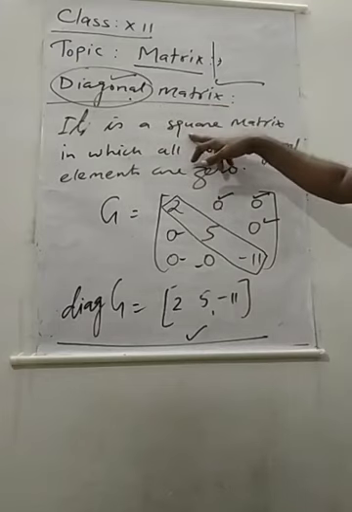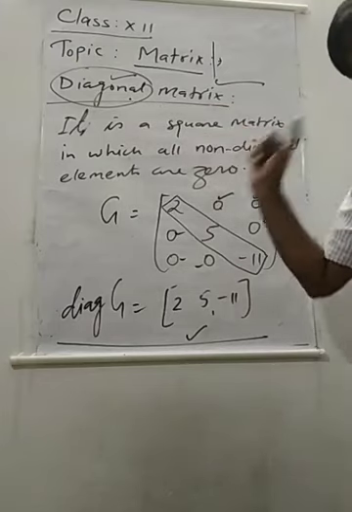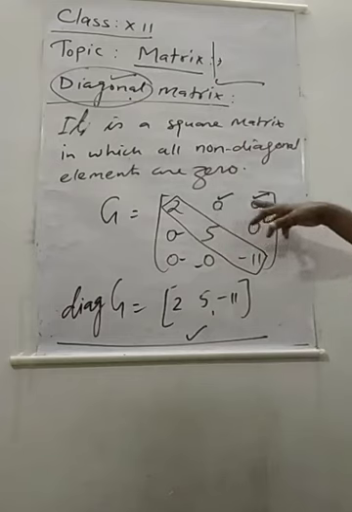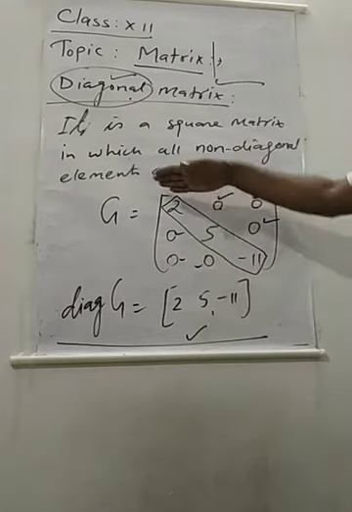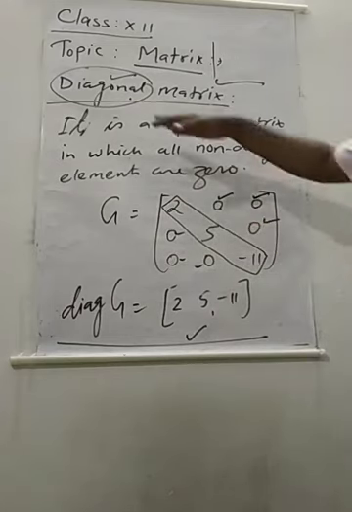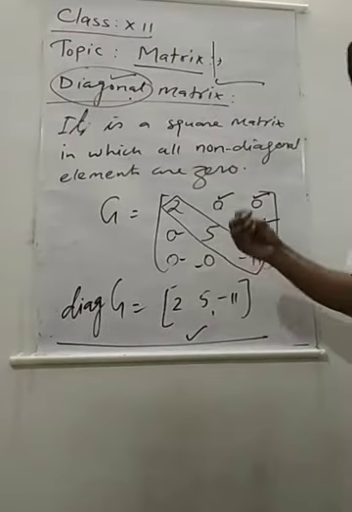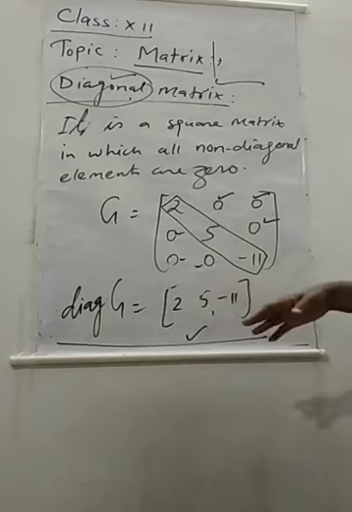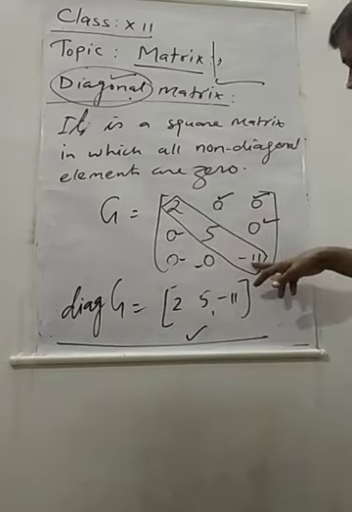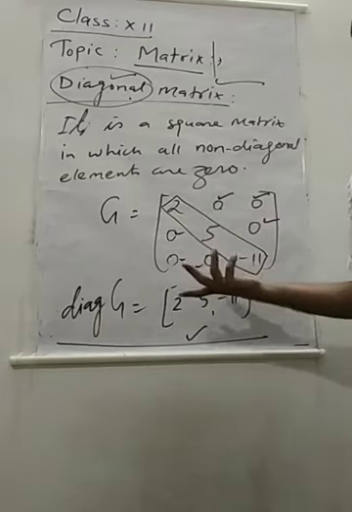I think I'm clear about the diagonal matrix. A diagonal matrix is a square matrix. First thing, it is undoubtedly a square matrix, and its non-diagonal elements will be zero. Only the principal diagonal, which is usually known by the name diagonal elements, can be anything. One more question arises: will these elements also be zero? Yes, they can be.